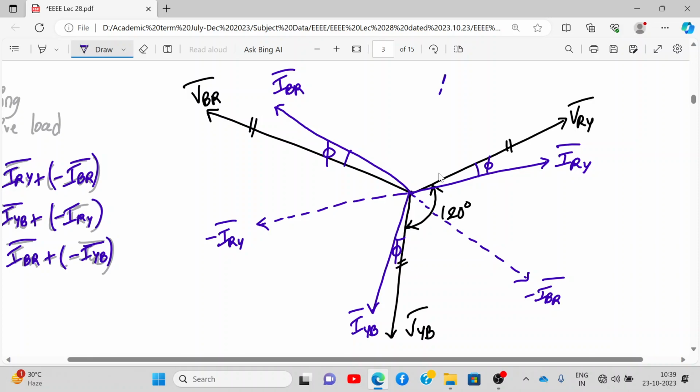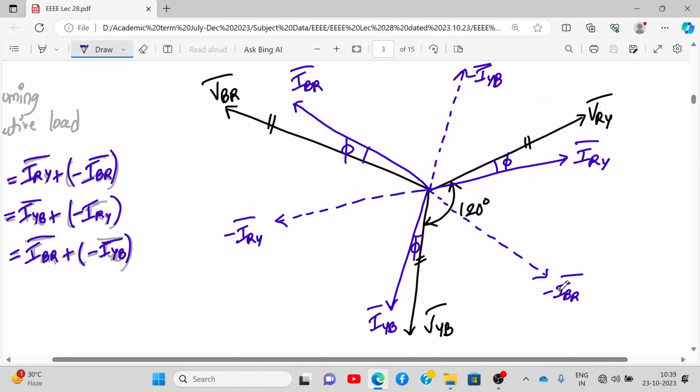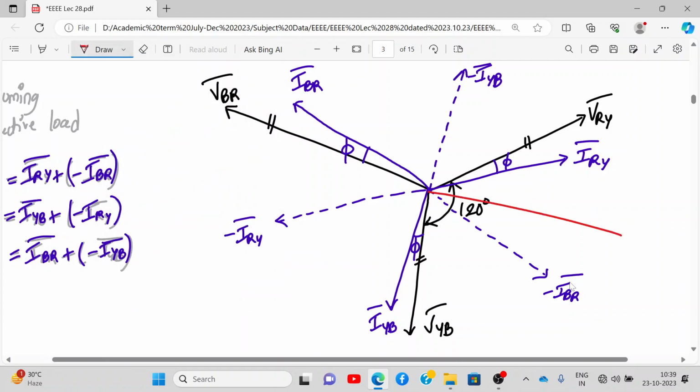And over here, this will be minus IYB. Okay. Now, IR is the vector sum of IRY and minus IBR. So the line current will come over here, the resultant of these two. Let me use red color over here. So this will be IR. Are you getting it?